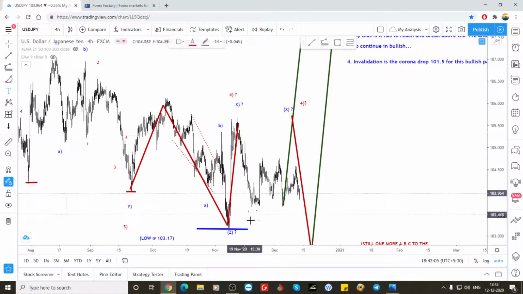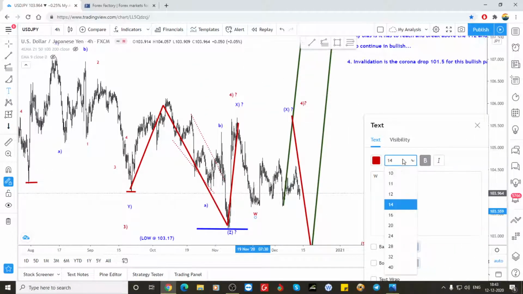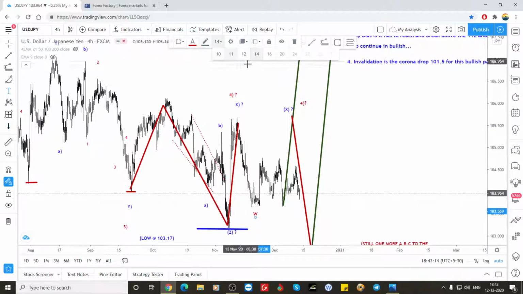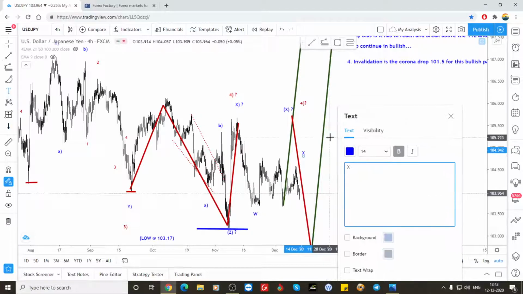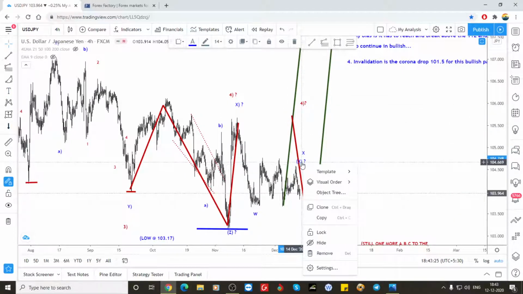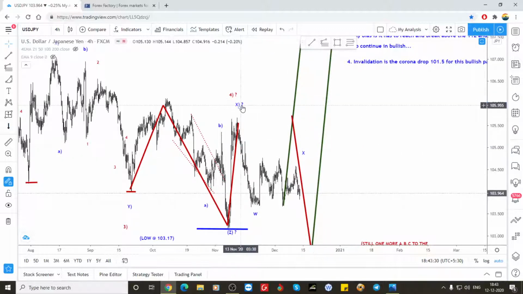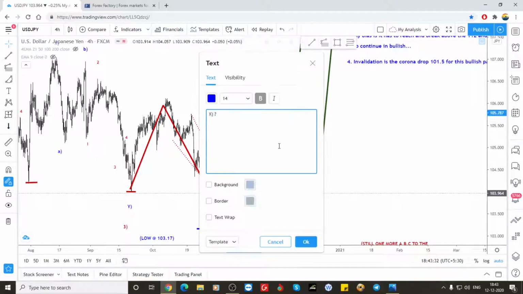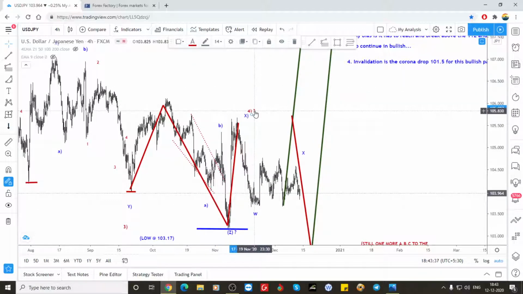In that case, this could be an intermediate W, so we can make it blue. And here, if it breaks this high, that could be an X, and one more A. We can delete this also. So this could be an X in that case. So this is the fourth wave.